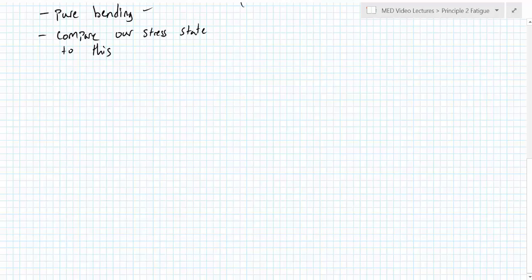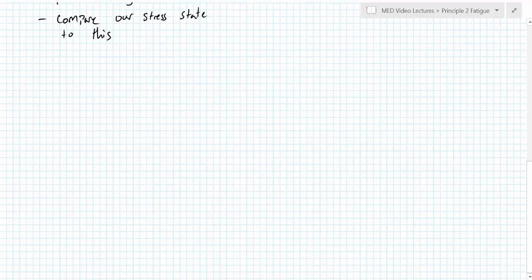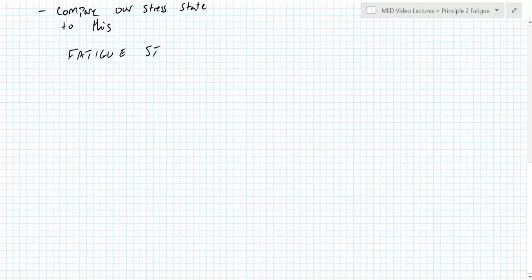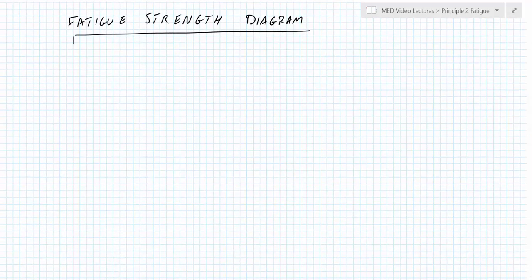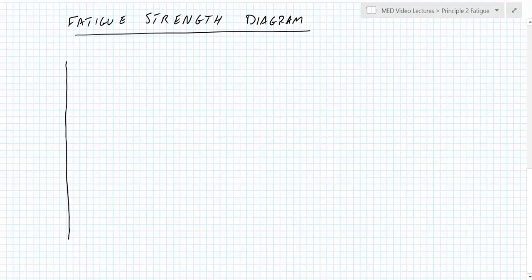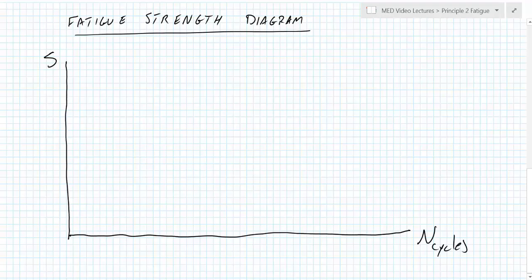And what you come up with is a nice diagram. So I'm going to be developing our fatigue strength diagram. This fatigue strength diagram will aid us as we are looking at different aspects of our fatigue analysis. So for this diagram, we'll put the stress S that we put our component under, and on a log scale, we will do n the number of cycles.